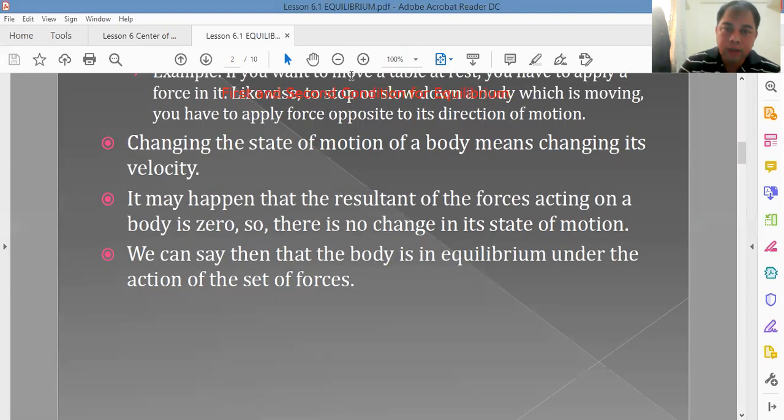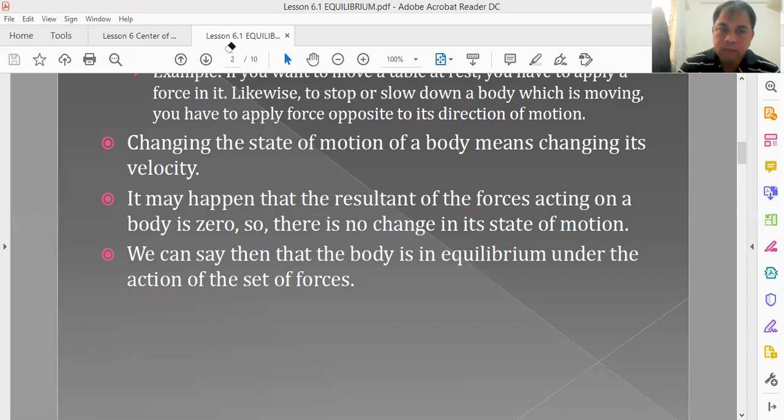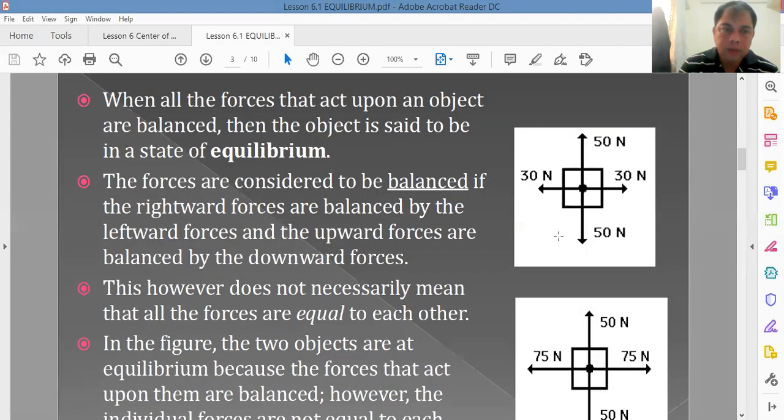Maybe here are illustrations. When all the forces that act upon an object are balanced, the force going up and the force going down are equal. So what is the difference between them? If 50 is subtracted by 50, what is the difference?